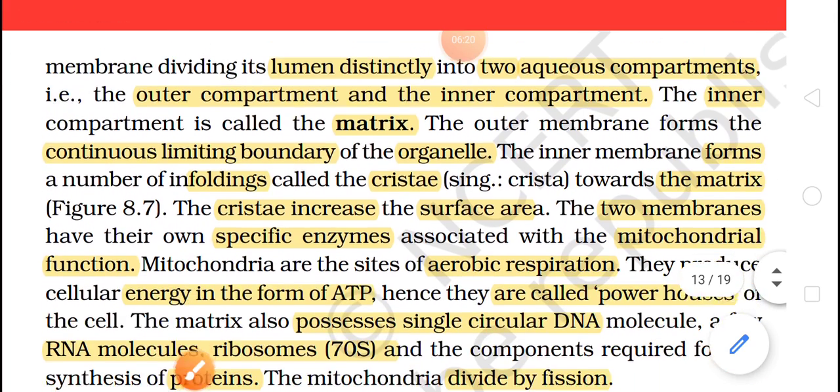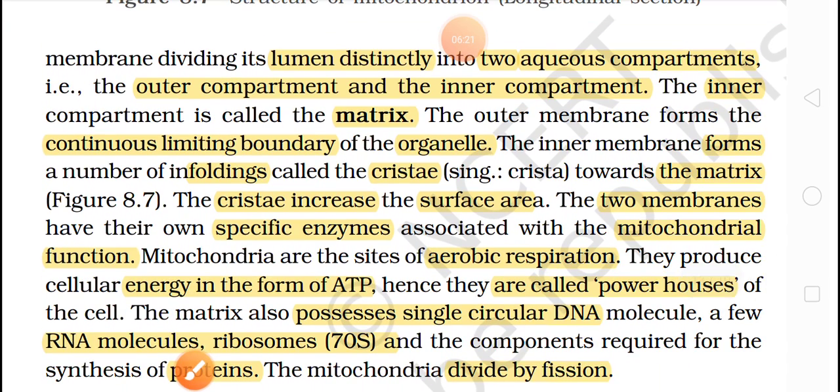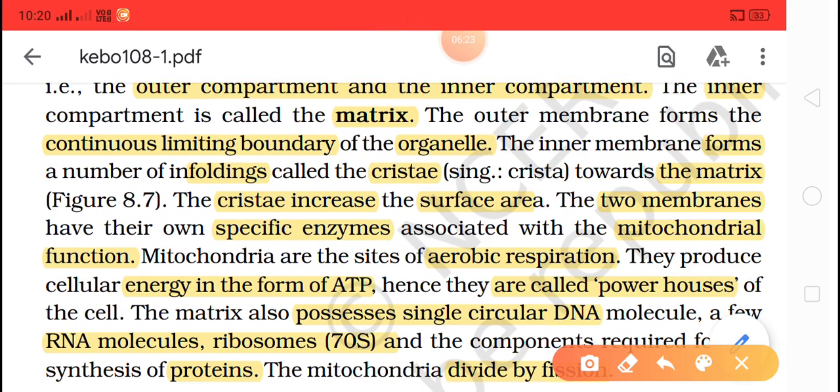Okay, clear children? Now the very important thing, the mitochondria function. Mitochondria are the sites of aerobic respiration.